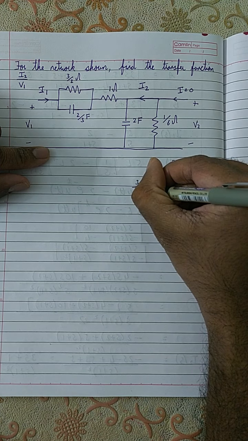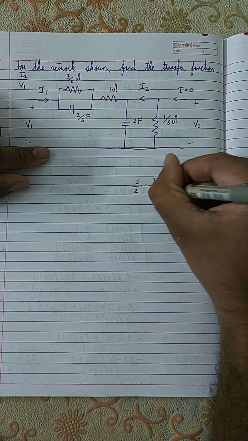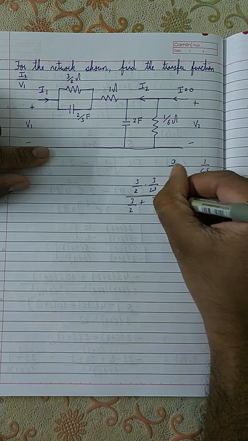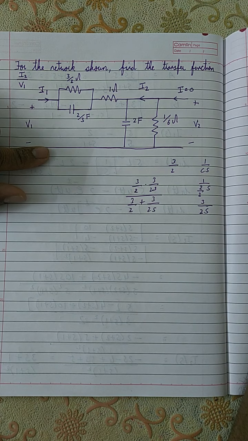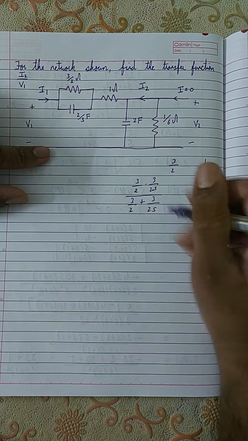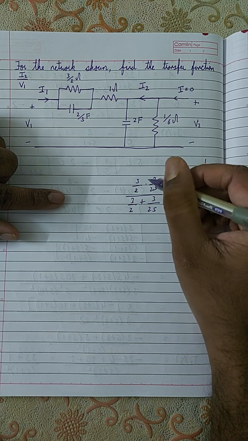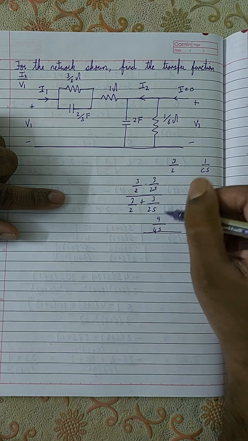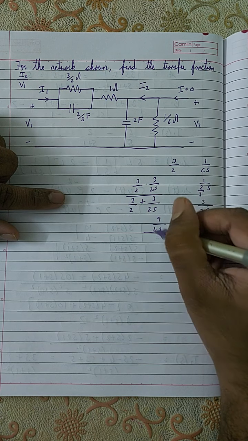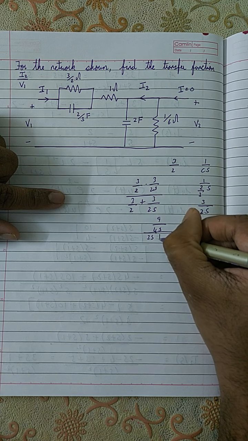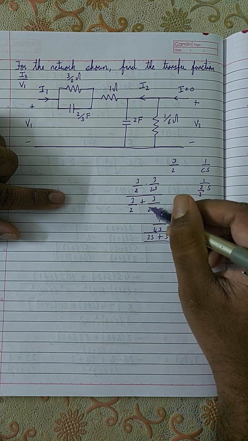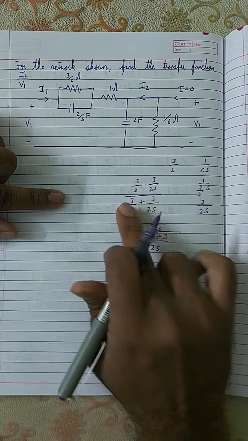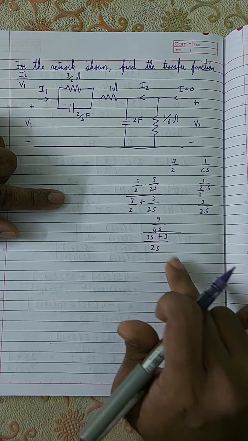By using the equation, this is (3/2 into 3/2s) by (3/2 plus 3/2s). If you combine these two, you get 9 by 4s at the numerator, and at the denominator you get 3s plus 3 by 2s, into s, so it becomes 3s plus 3 by 2s.